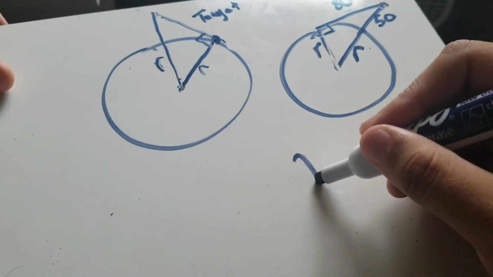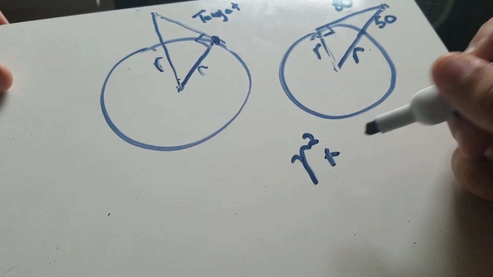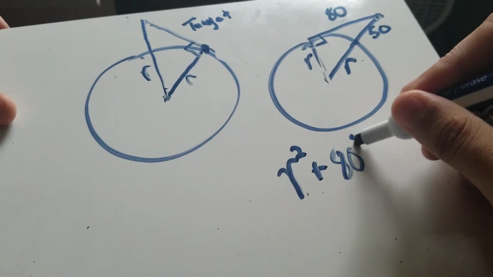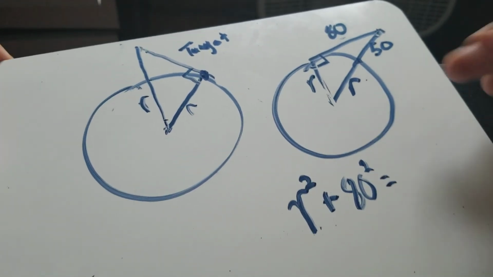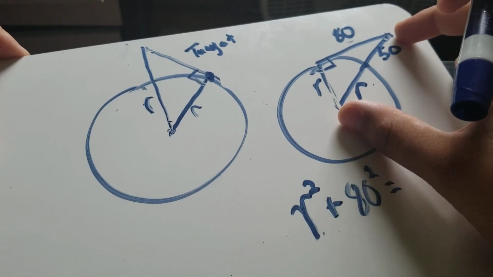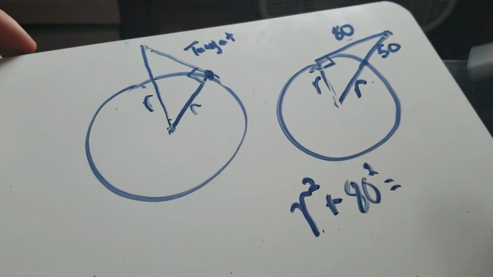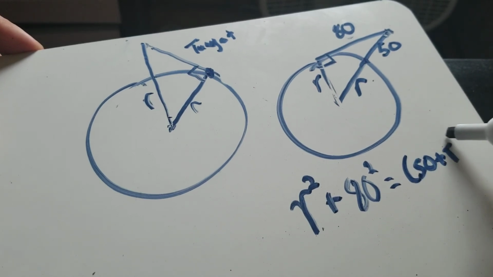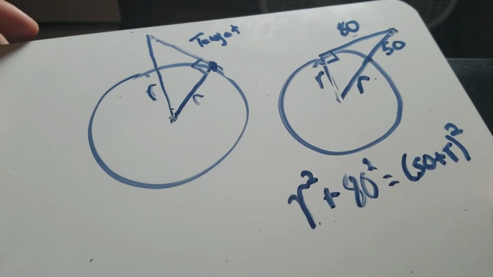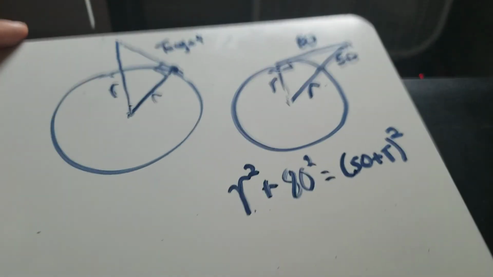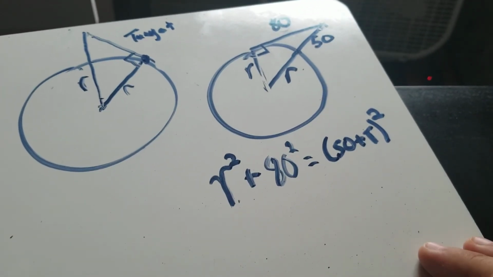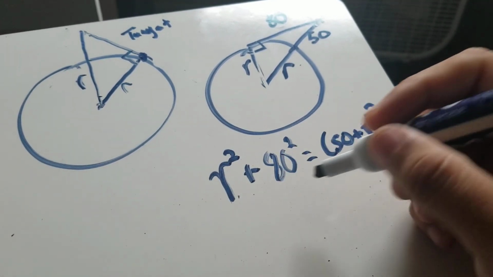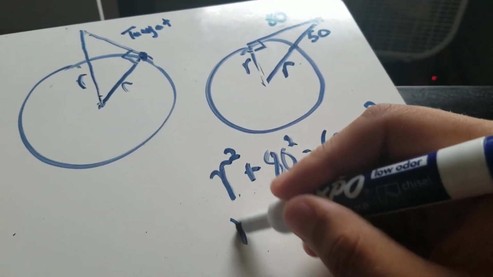So you have radius squared plus, which is a squared in this case, plus 80 squared, that's b squared, equals, what's the whole line here, the hypotenuse? It's not just 50, it's not just r. It is (50 plus r) squared. Okay, what are we going to do with that information, (50 plus r) squared? Well, r squared and 80 squared, I'll just leave it like that for now.